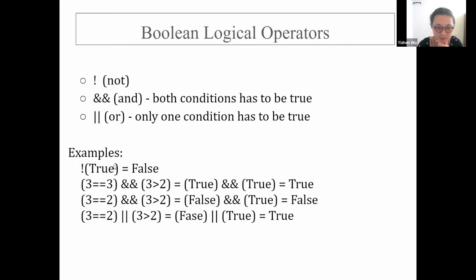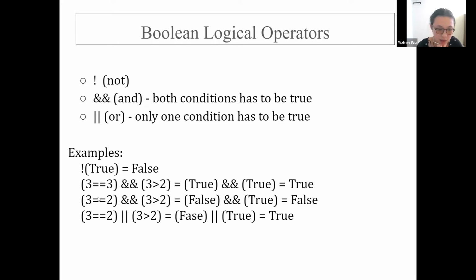As for this one, if you remember, the double equals tests if the left is equal to the right. Here, 3 is equal to 3, so this part is true. This one means and, and 3 is greater than 2, which is true as well. So true and true outputs true.